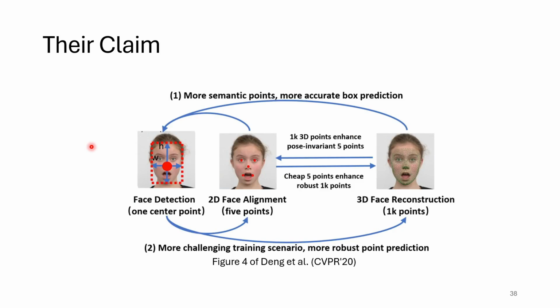Even though they don't have the full set of annotations, they want to claim that when they train the algorithm not only on the bounding box but also on the 2D face 5 landmark annotations and the 3D face 1K meshes, it can help improve the accuracy of the bounding box case.